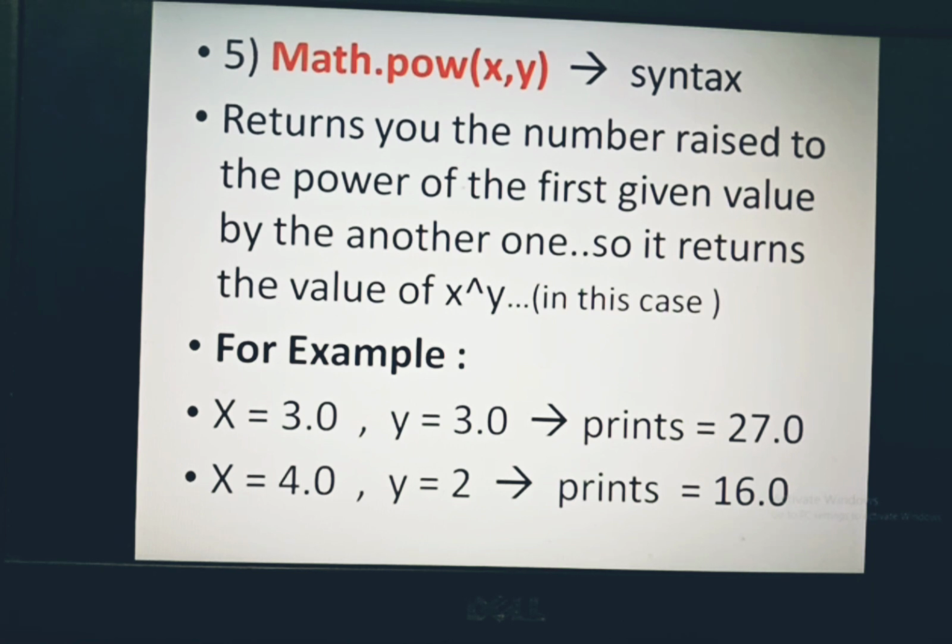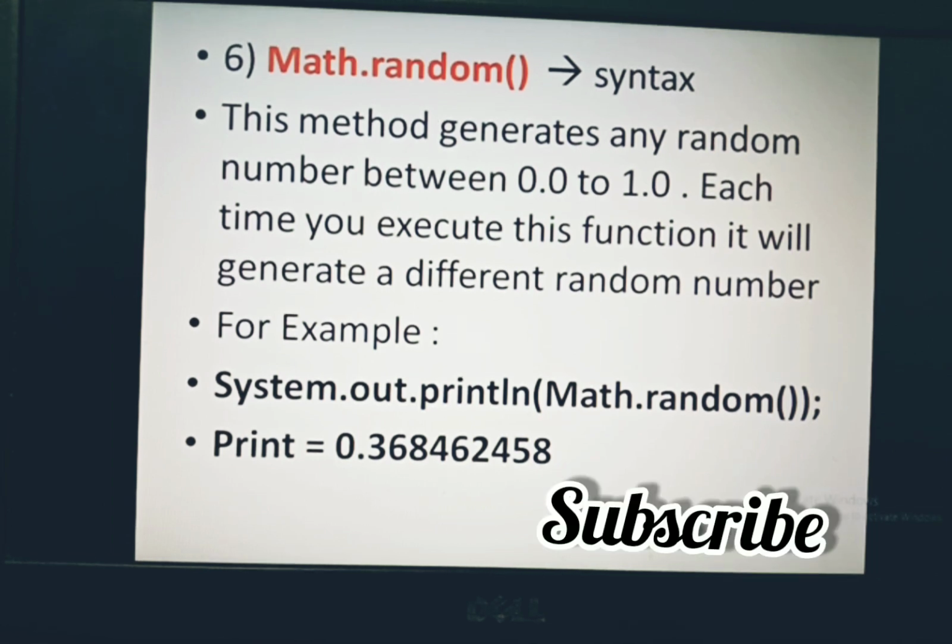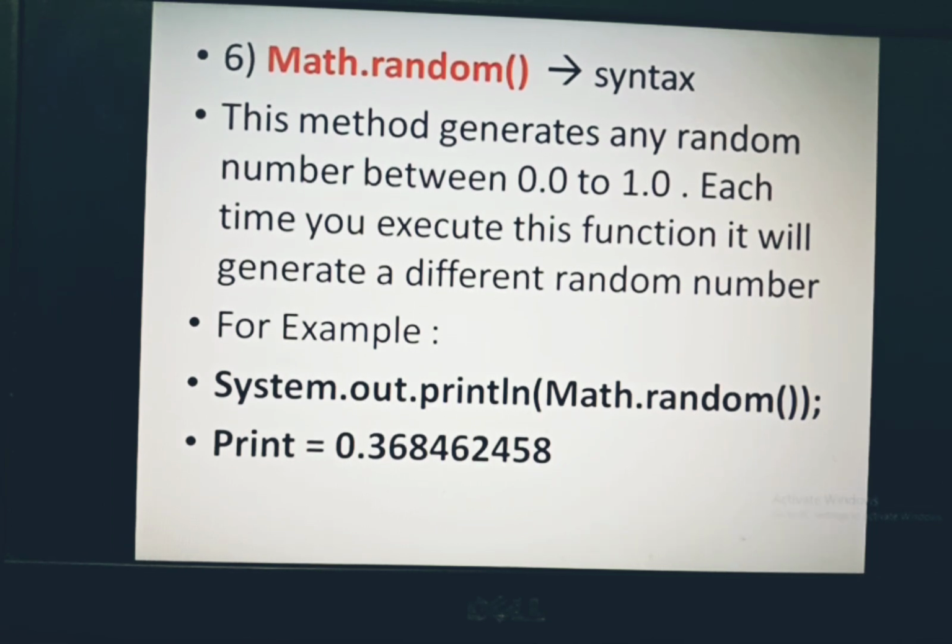Let's move to the next function, that is Math.random. Math.random is the syntax, and this method generates a random number between 0.0 and 1.0. Each time it executes this function, it will generate a different random number.